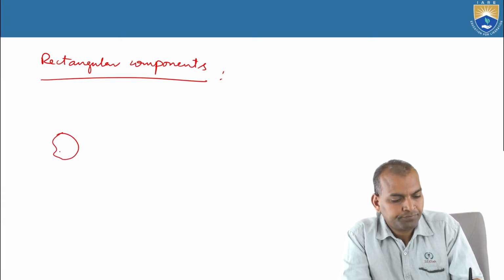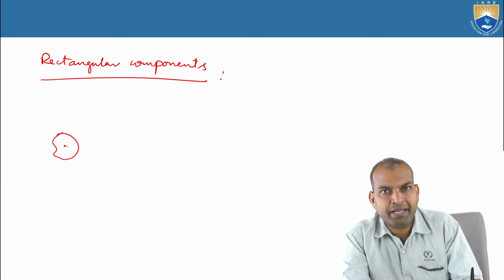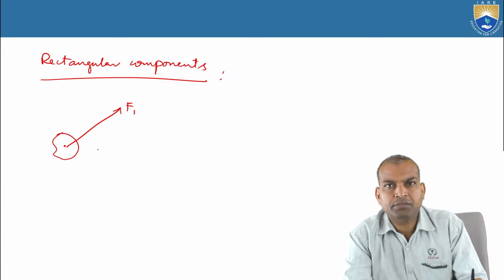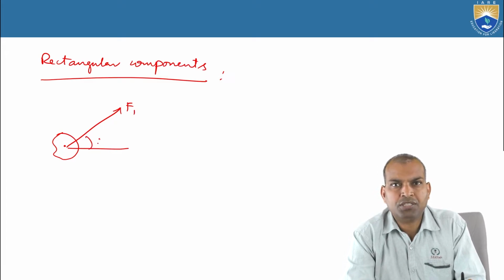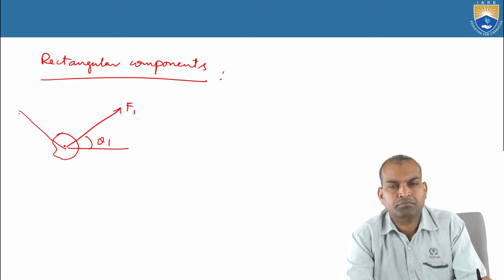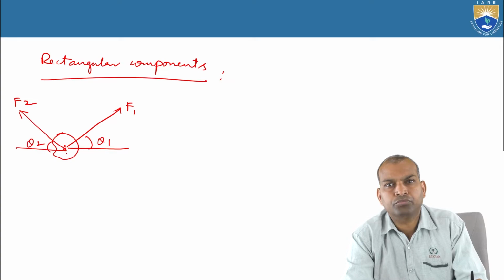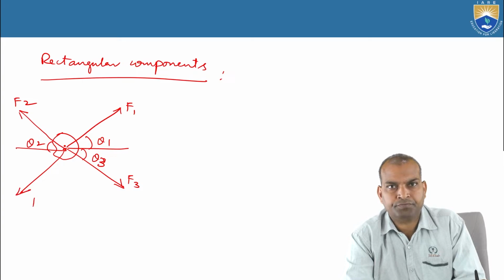The body is acted on by the force F1 with inclination theta 1, force F2 with inclination theta 2, force F3 with theta 3, force F4 with theta 4.